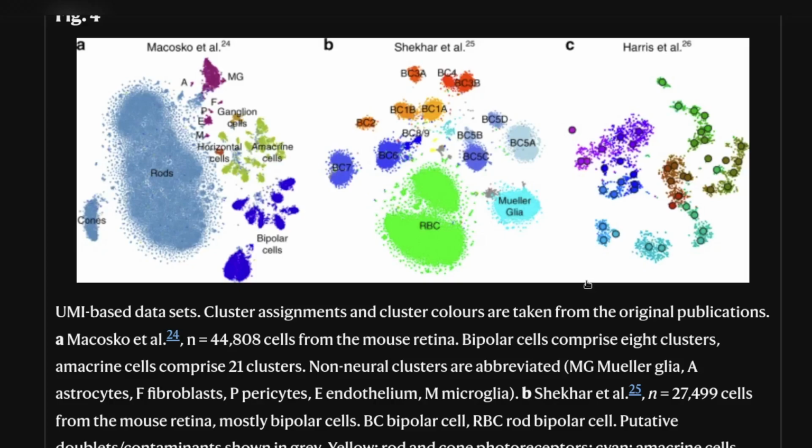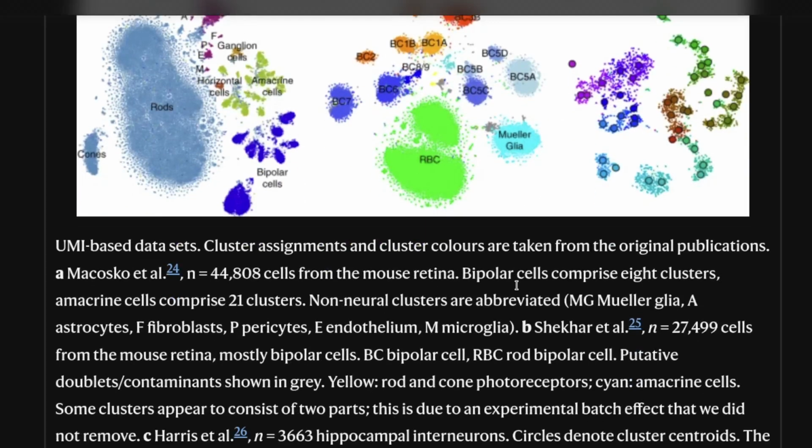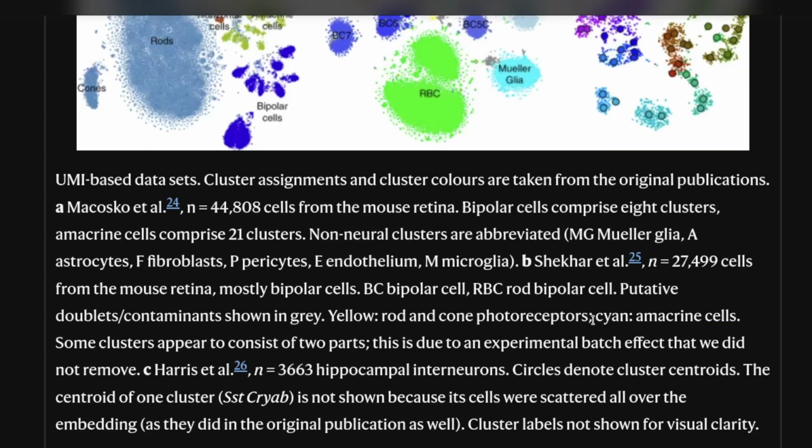Non-neural clusters are abbreviated: Mg Muller glia, A astrocytes, F fibroblasts, P pericytes, E endothelium, M microglia. B: Shekhar et al. 25. N equals 27,499 cells from the mouse retina, mostly bipolar cells. BC bipolar cell, RBC rod bipolar cell.